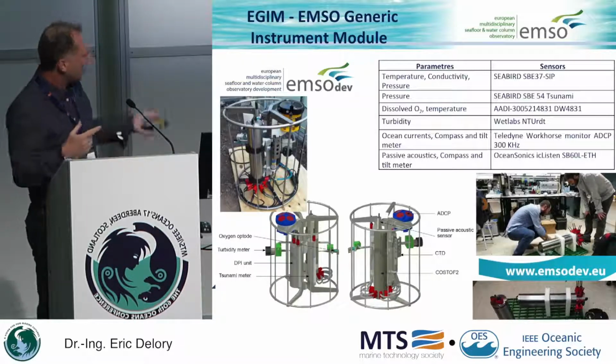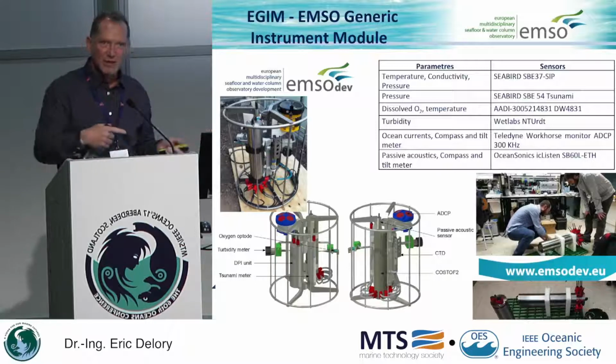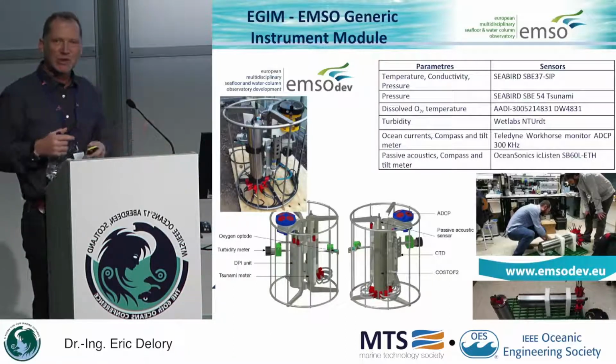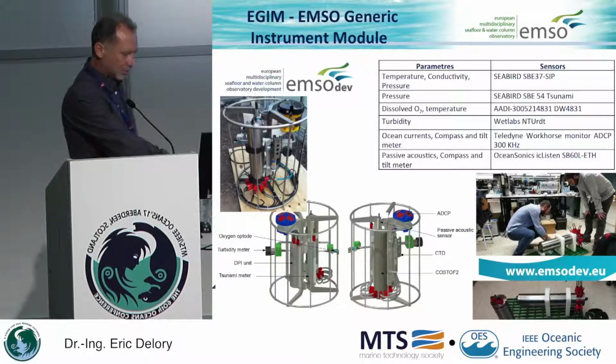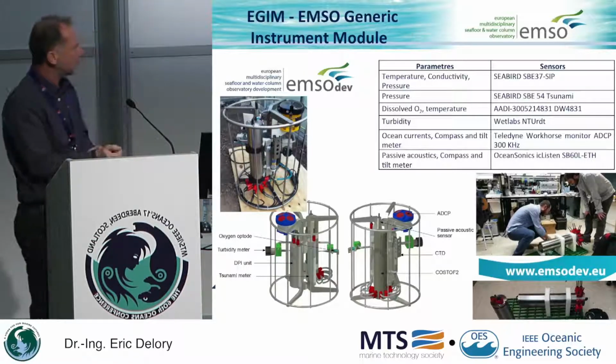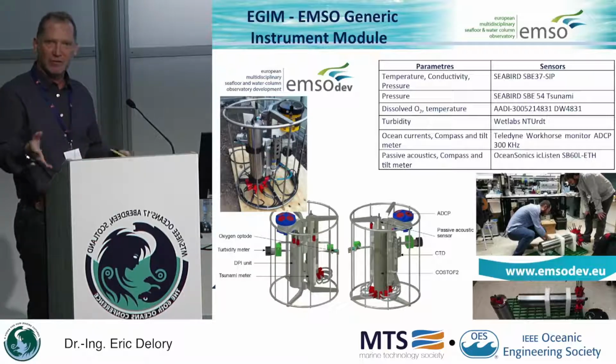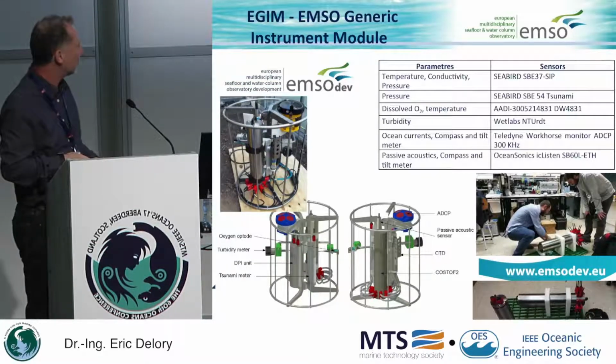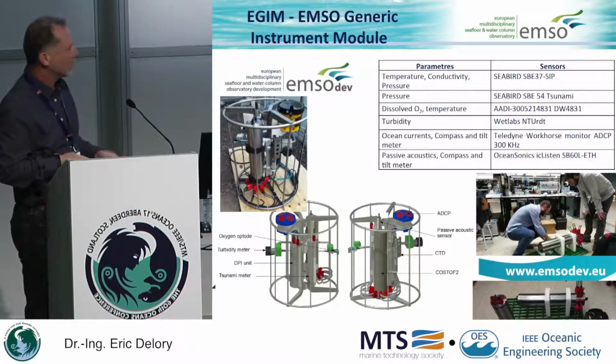And the system can be deployed either standalone or through cable. It's big. You can't just put it on an unmanned vehicle, for instance, at this stage. But it sets a reference. It sets a milestone. And we are very glad to have this development today. So I wanted to just highlight this point.